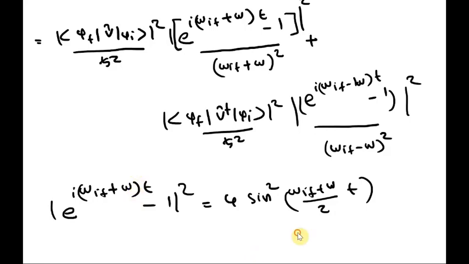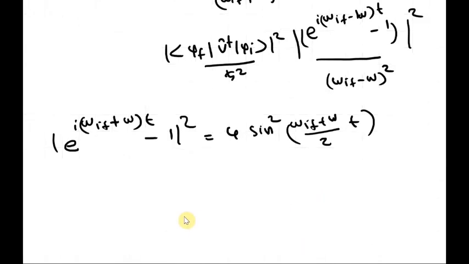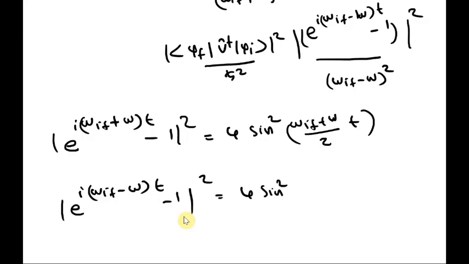And the other term, which has a minus, e raised to i (omega_if minus omega) t minus 1, can be written as 4 sine square of (omega_if minus omega) by 2 times t.